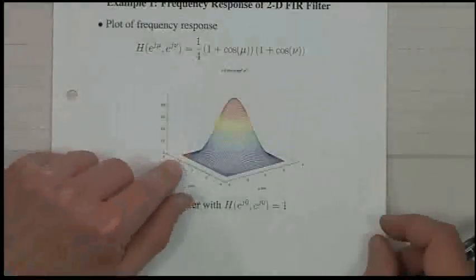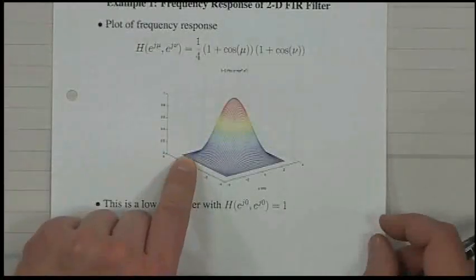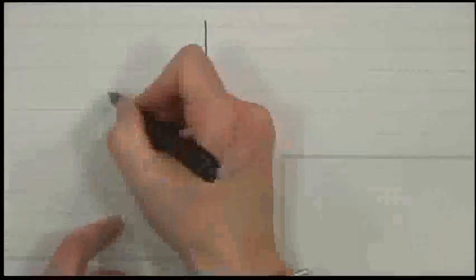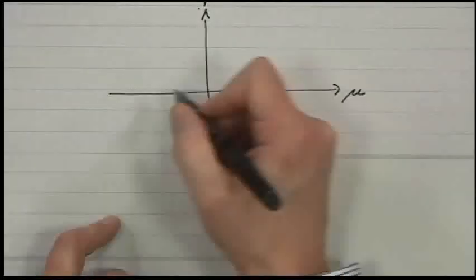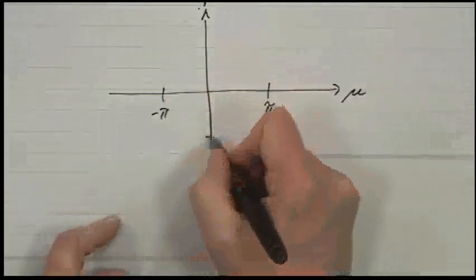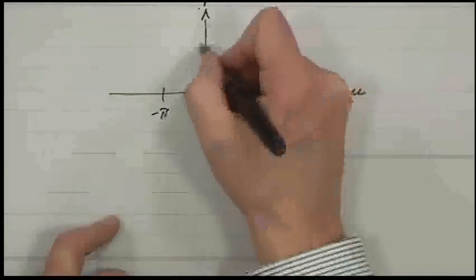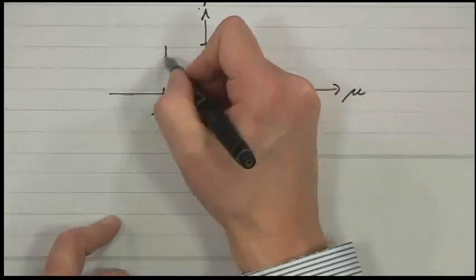And one thing that's interesting is the gain at pi. If you plot the frequency response over the range, this is mu, and this is nu, okay, and this is pi, and this is minus pi, and this is minus pi, and this is pi, okay.